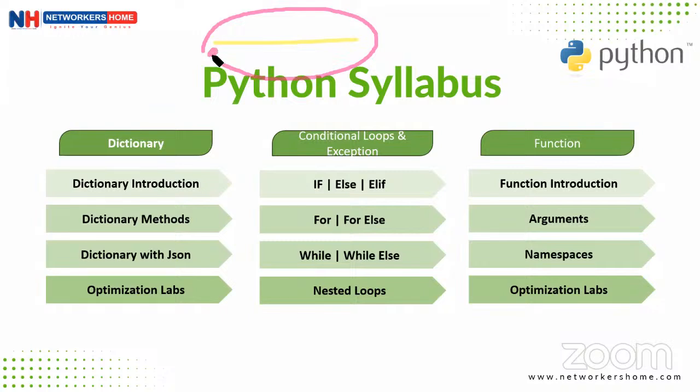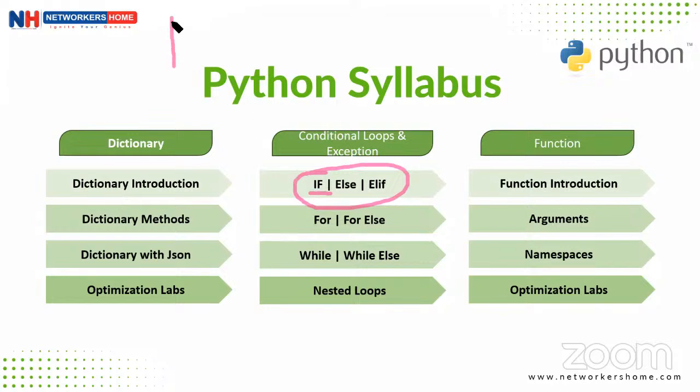So you need to understand how to build a loop with the mechanism. We are going to understand for loop, while loop, for else, while else. And if you need to check some logical conditions, such as whether something is present or not, whether it is good or not, you will check that here.